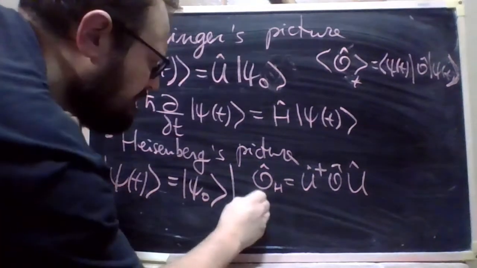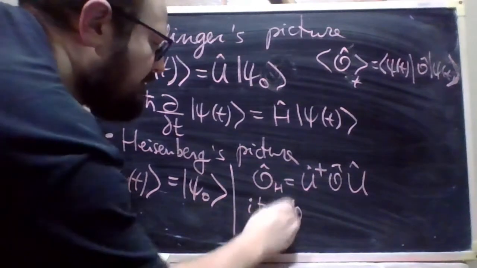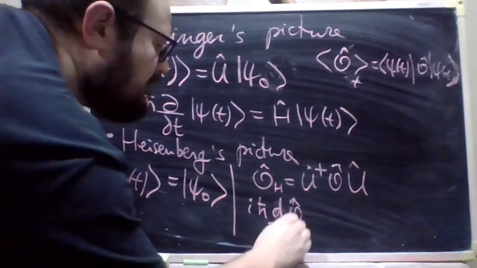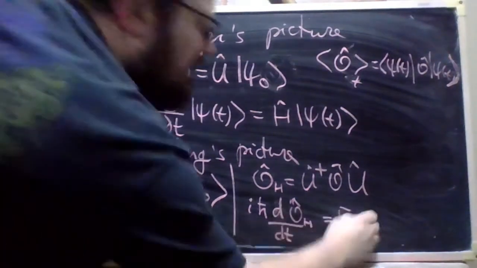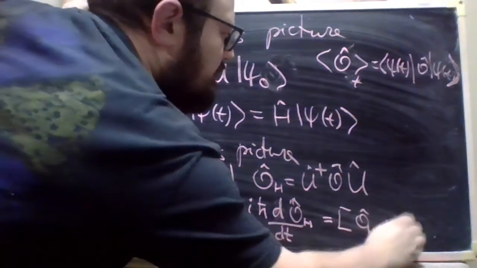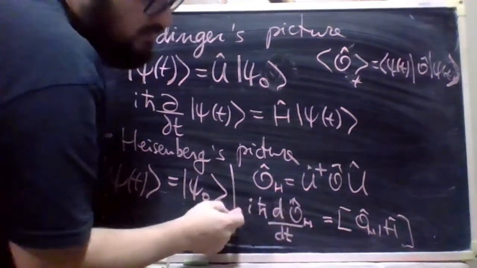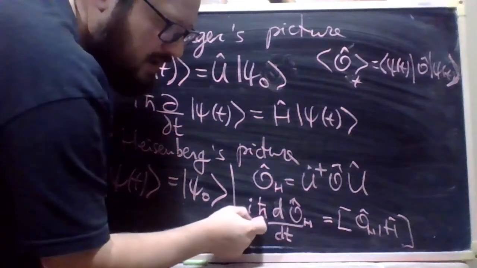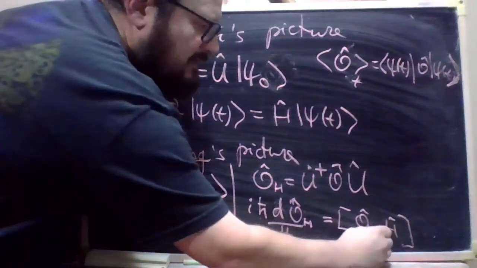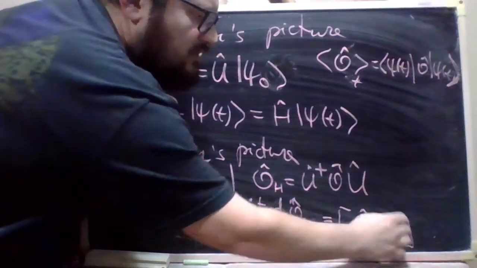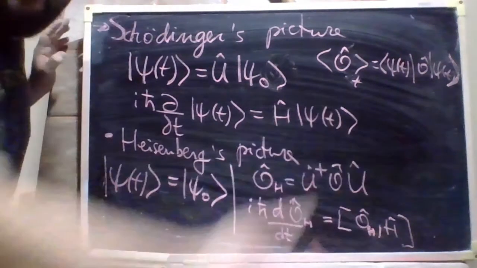In this case, you'll find that the time derivative of the Heisenberg operators, multiplied by i h bar, is equal to the commutator of that Heisenberg operator with the Hamiltonian, the energy matrix of the system.